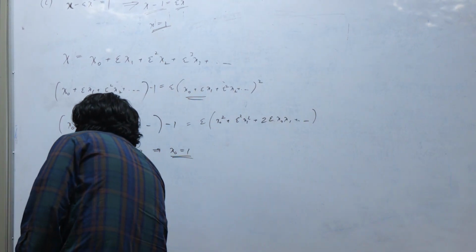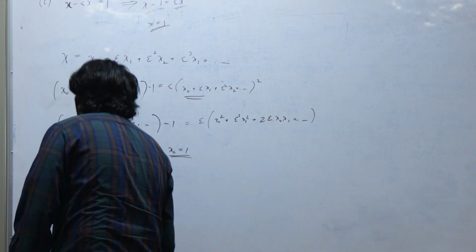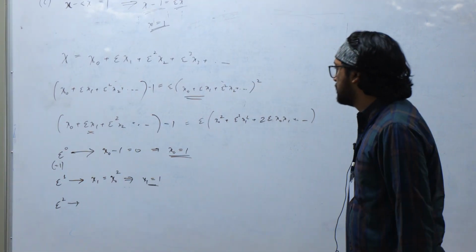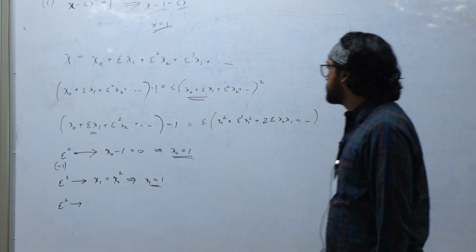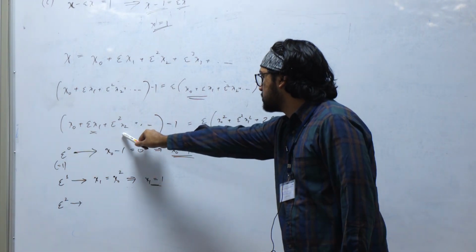Now we look for terms at the second order of epsilon, and here we have epsilon x2.